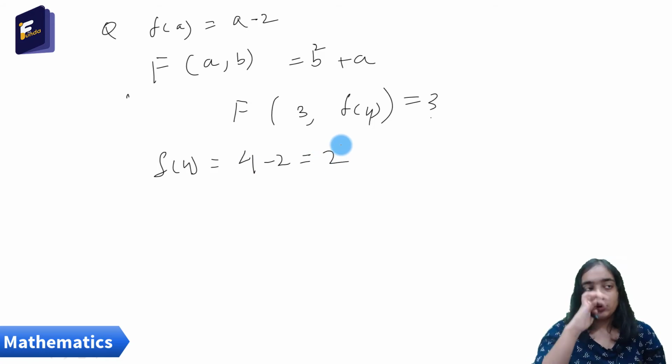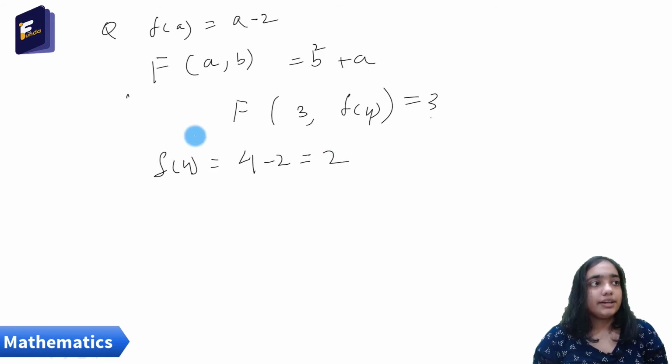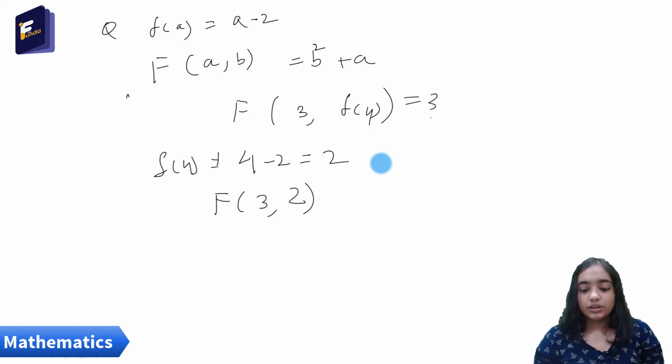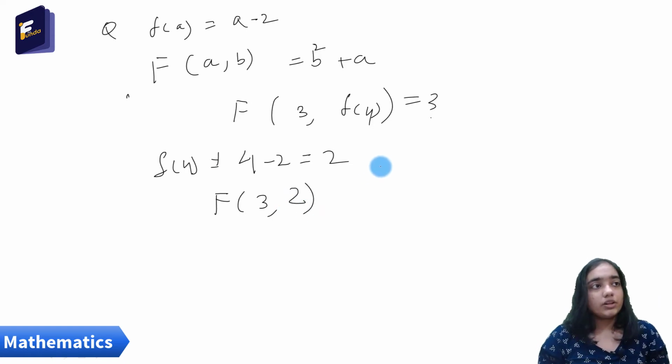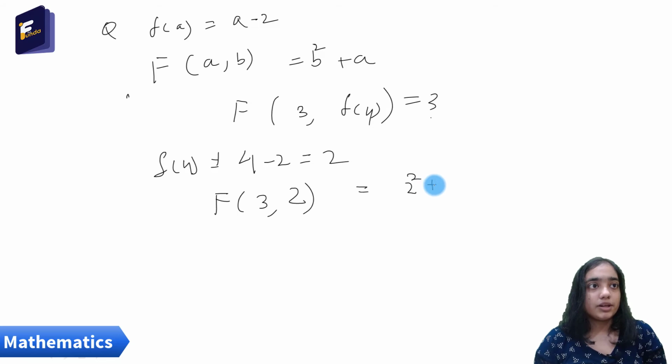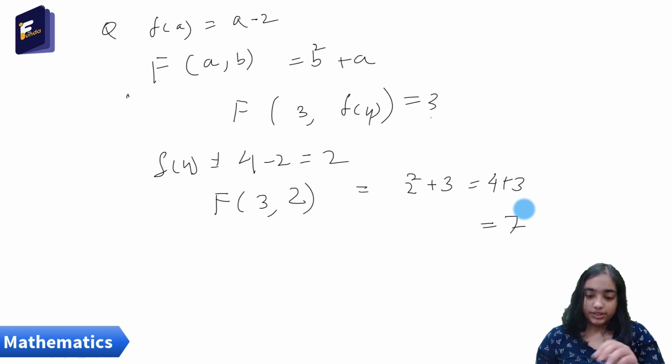Now we have the value of f of 4, so we will find capital F of 3 comma 2, because f of 4 is 2. It is b square plus a, so it is 2 square plus 3, equal to 4 plus 3, equal to 7. So the value is 7.